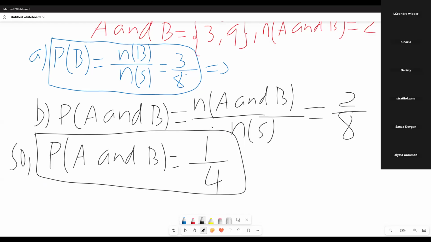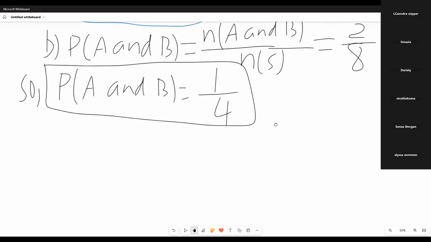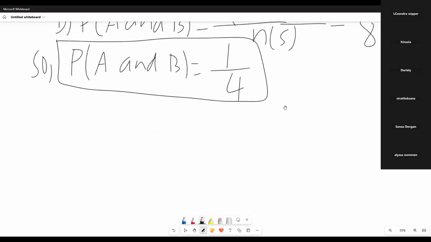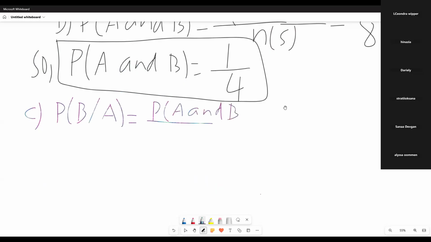Now, the last part here is part C. They have to find P of B given A. So that will give you P of A and B over P of A. That's the formula I gave you. All right. We do not know the value of P of A. Let's find out.